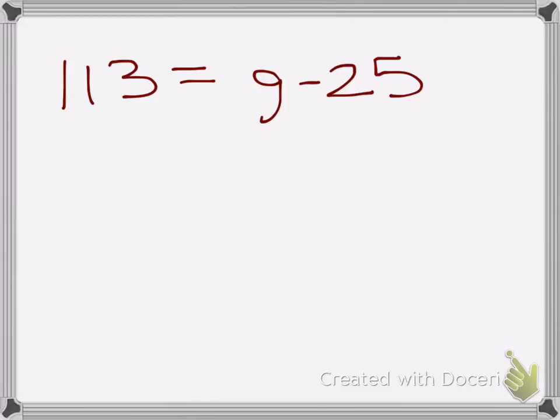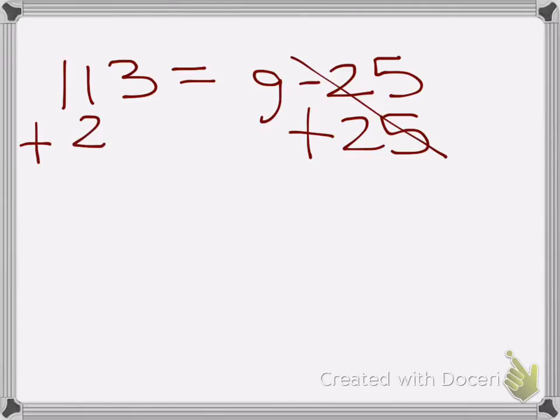So in this case, we need to cancel out a minus 25, and the addition property of equality basically says that if you need to add to both sides to solve, then you would be using the addition property of equality. So you would add the 25 because you want to cancel it on the right side, and then whatever you do to one side, you do to the other side. So I'm going to also add 25.